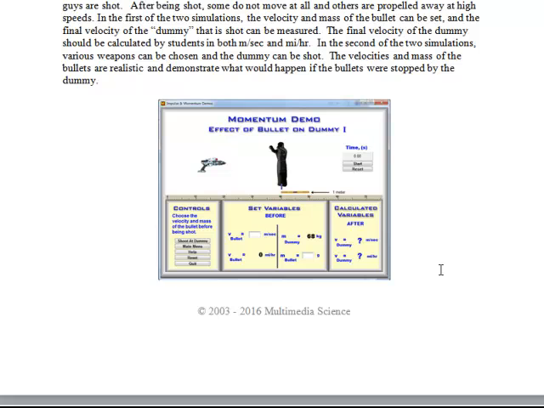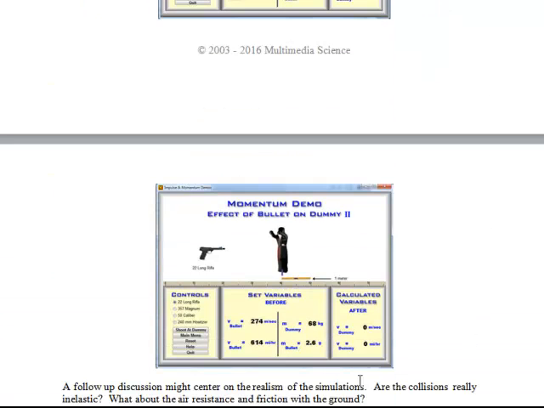And the question is, how realistic is this? What can we actually expect? I know when I first started teaching, my thought was that if a person was hit with a bullet, they should go flying backwards. It turns out that that's not true, even if the collision is totally inelastic. So these simulations will help illustrate.